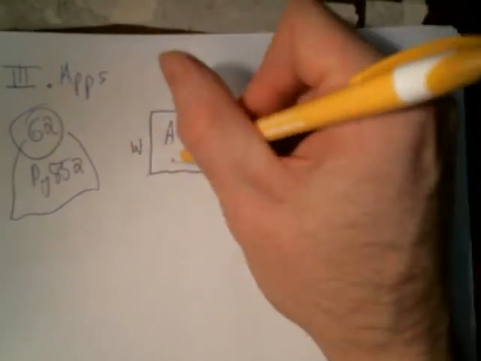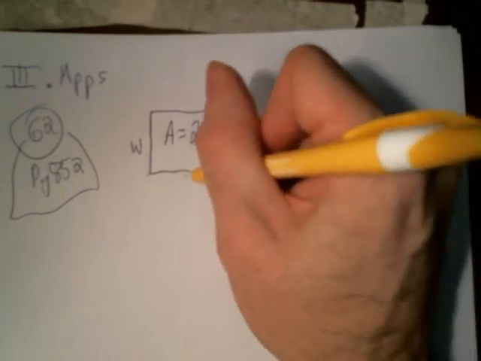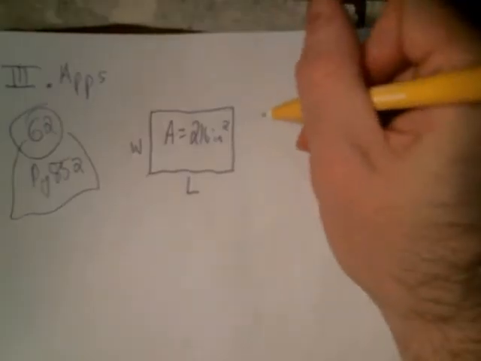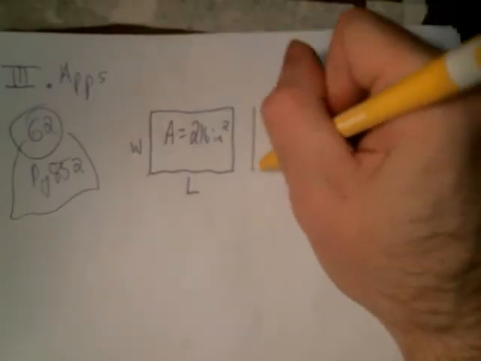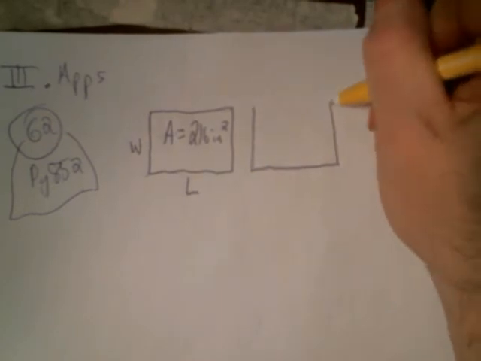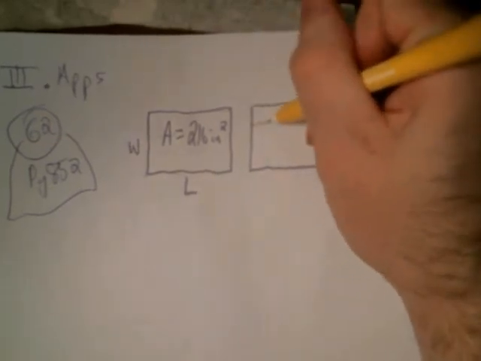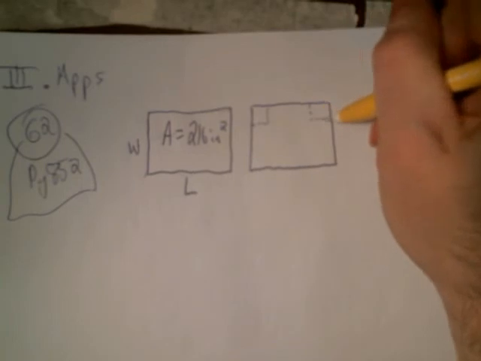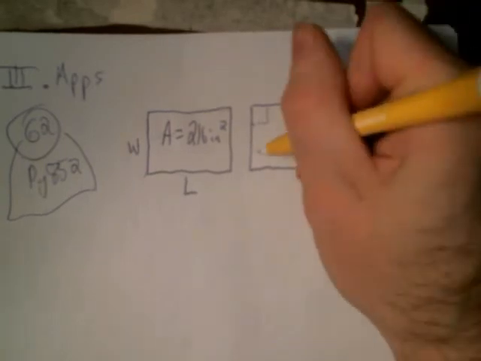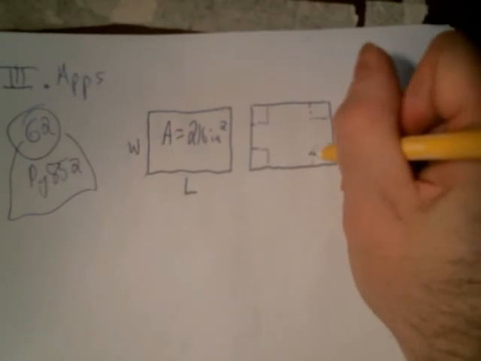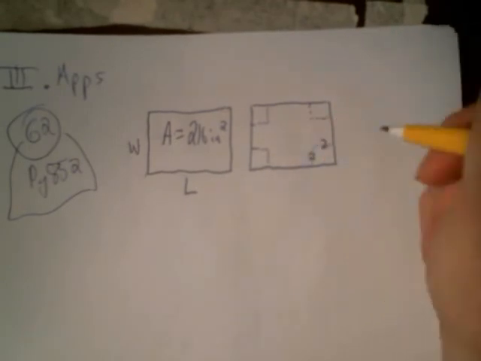Okay, we're going to call this side W and then call this side L. Then to make the box, they take that piece of cardboard and cut out the corners so you can fold up the sides and have your box. Okay. So the corners each is 2 inches in.